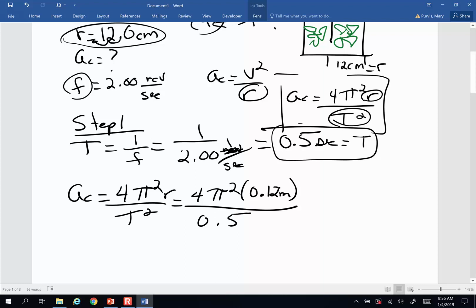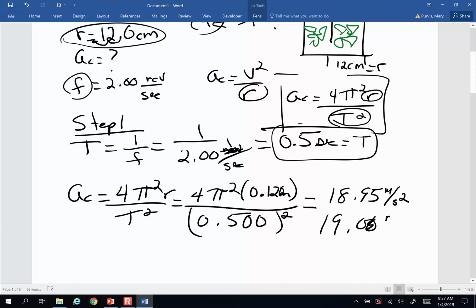They started out the problem with 3 sig figs. I better preserve those 3 sig figs, and when I do the math, I end up with a centripetal acceleration of 18.95 meters per second squared. If I preserve this down to 3 sig figs, that's 19 meters per second squared. Everything's going to round up a little bit.